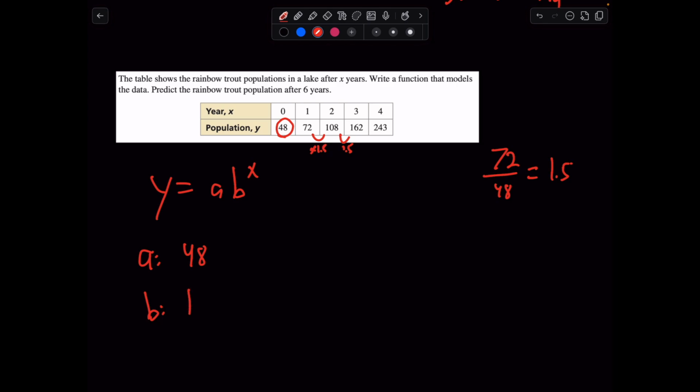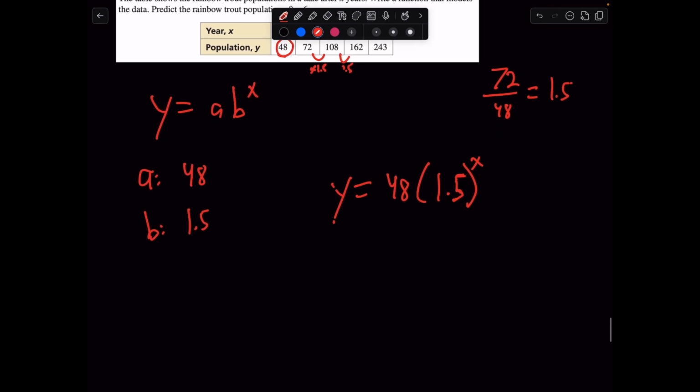So my b is 1.5. So my function, y equals 48 parentheses 1.5 to the x. And I want it after 6 years. So replace the x with 6, 48, 1.5 to the 6. And that's going to give you roughly 547.